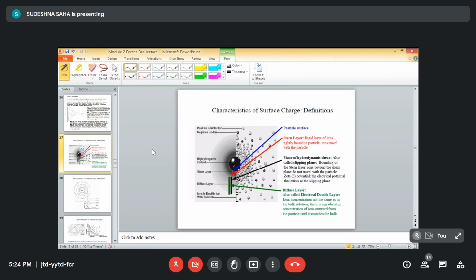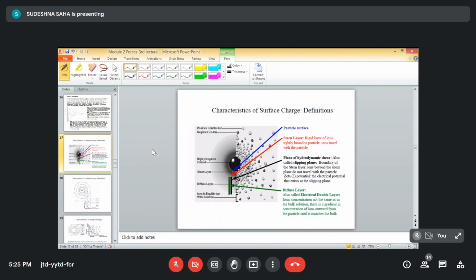The layer exactly adjacent to the particle, the counter ions rigidly associated with the particle surface, is known as the Stern layer. If this particle moves, these ions also move with the particle.